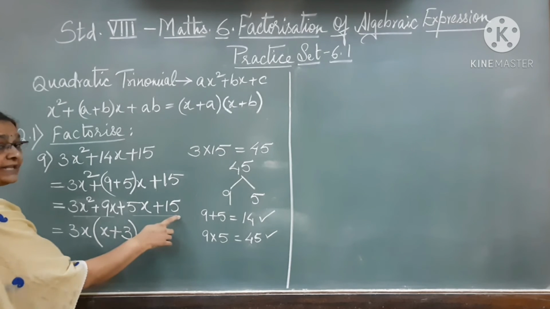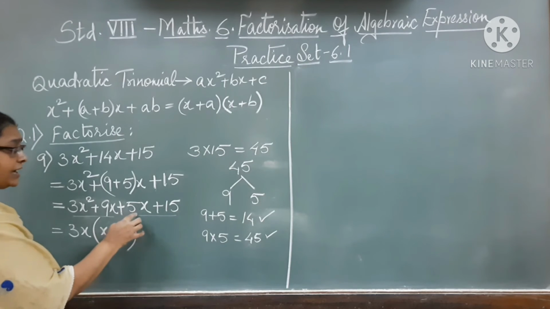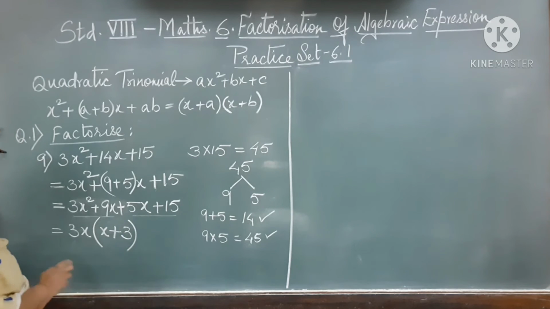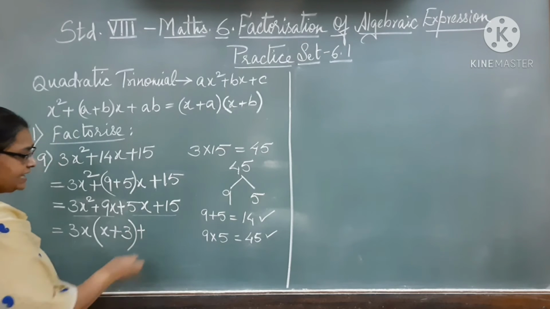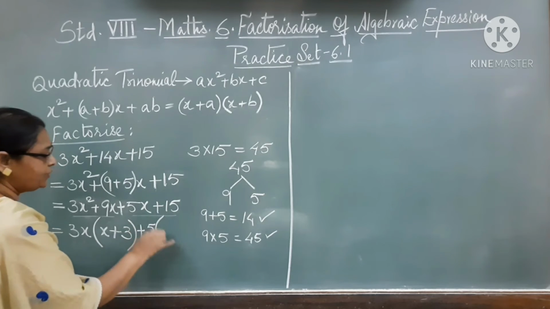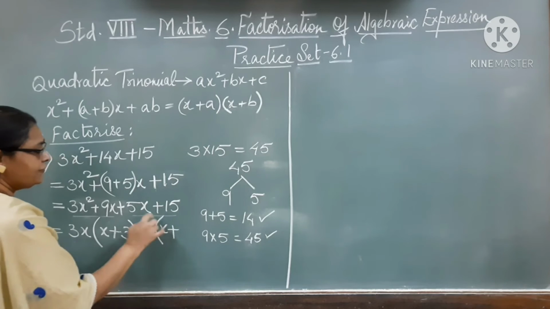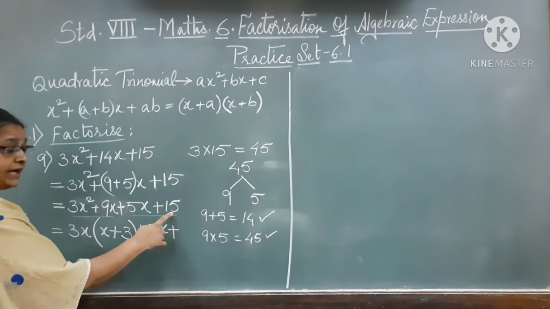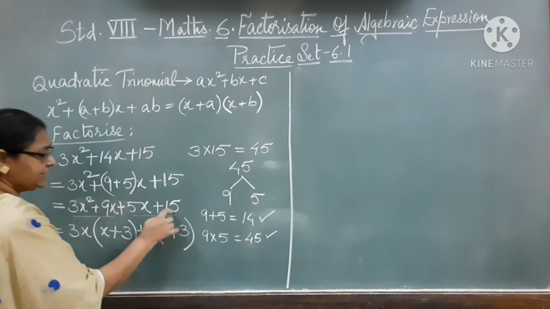And now let me take this next group, 5x plus 15. Here I have 5 and 15 as multiples. So let me take 5. First use the sign plus. 5 into x is 5x, plus 5, don't write 15, write 3. 5 3s are 15. Right?